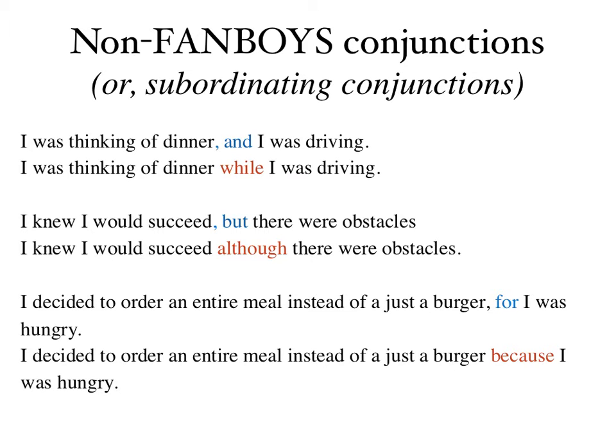So when you have an independent clause and a subordinating clause, the independent clause can stand on its own. However, the subordinating clause cannot. A subordinating conjunction, or a connection between two sentences that subordinates something, makes one, in a sense, less than the other one. Does that make sense? Let's go through some of these examples so it's really clear.